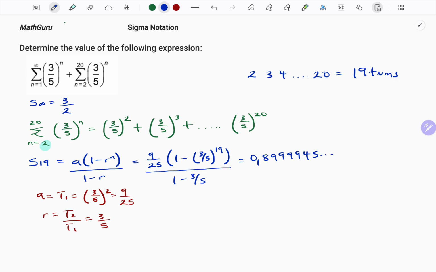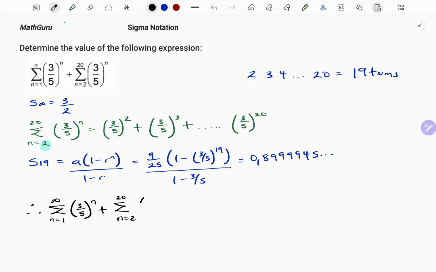So going back to my expression, the summation of n equals 1 to infinity of (3/5)^n plus the summation of n equals 2 to 20 of (3/5)^n is equal to the first one, 3 over 2, plus the second value, 0.8945, and the total will be 2.4 to 1 decimal place.